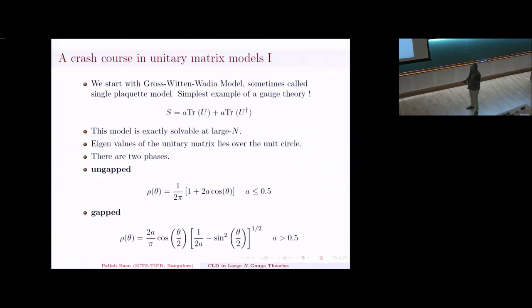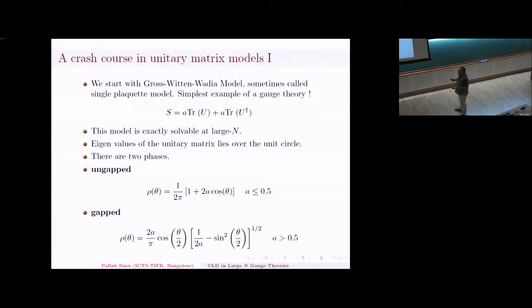A crash course on the unitary matrix model. What is a unitary matrix model? It is an N cross N unitary matrix model, often called a single plaquette model. If you just take one plaquette or two lattice points and define a gauge theory there, then you get various versions of this model.